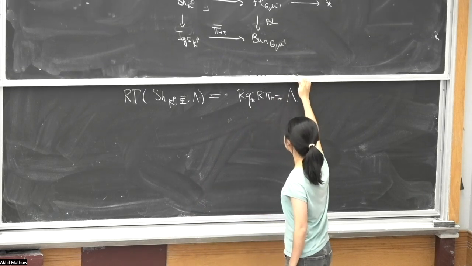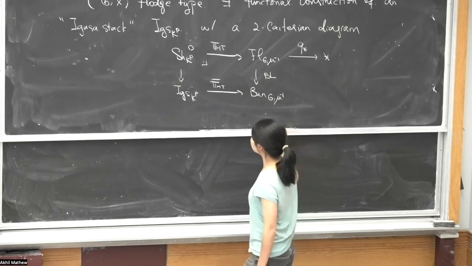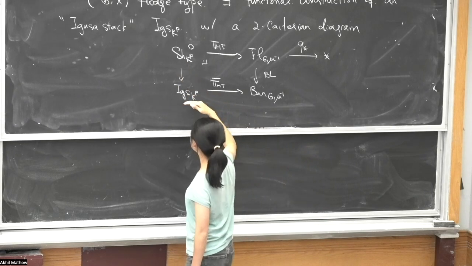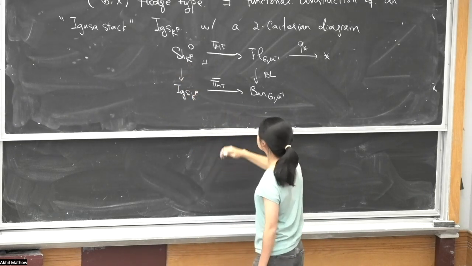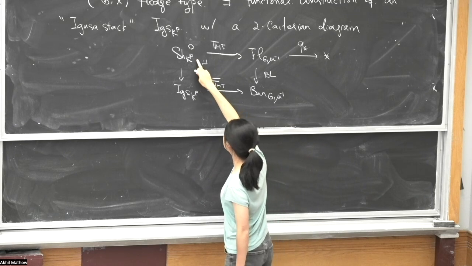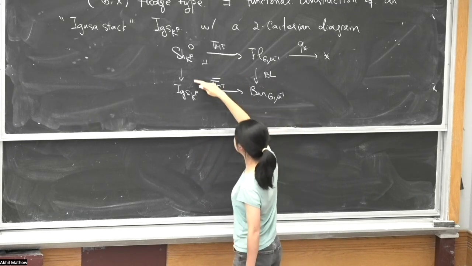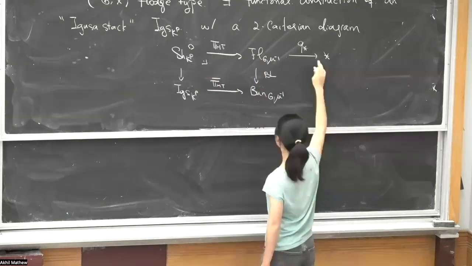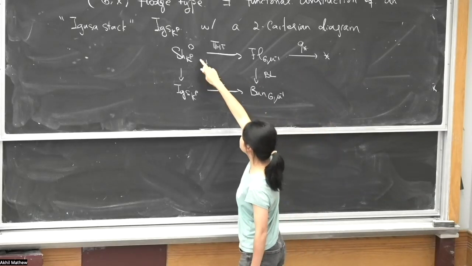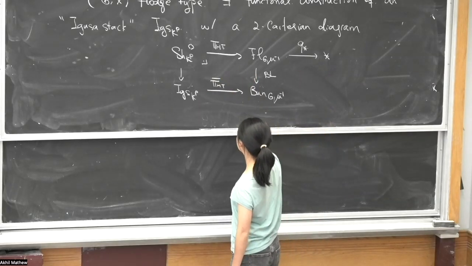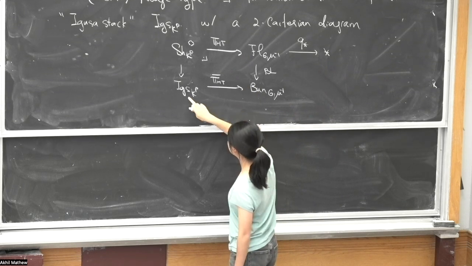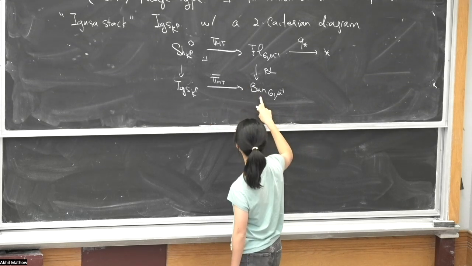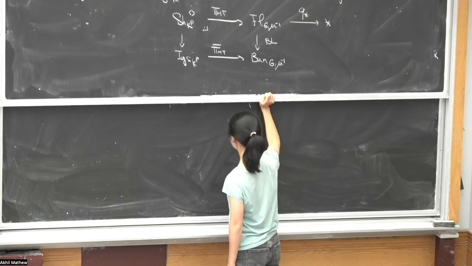Now, since we know the constant local system on the Shimura variety is also pulled back from the Igusa stack, we can rewrite this push forward as first pullback and then push forward. But the pullback and push forward, using base change along this diagram, can also be written as the push forward first from the Igusa stack to Bun_G and then pull back and push forward.